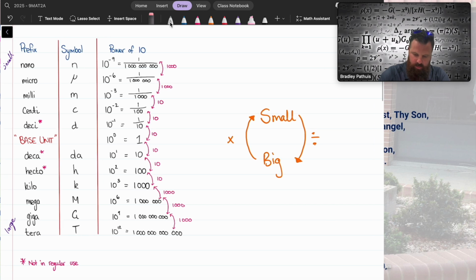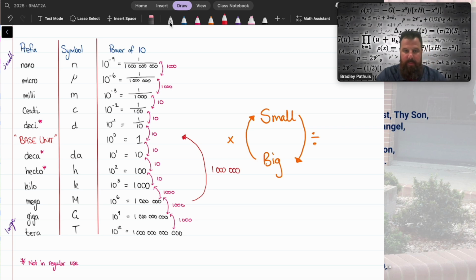What we want to do is get from mega, which is at the bottom, all the way up my wobbly line to nano. That's a massive jump, but I'm going to do it in 2 steps. I'm going to go from mega and jump to my base unit, because I know that is a change of 1 million.